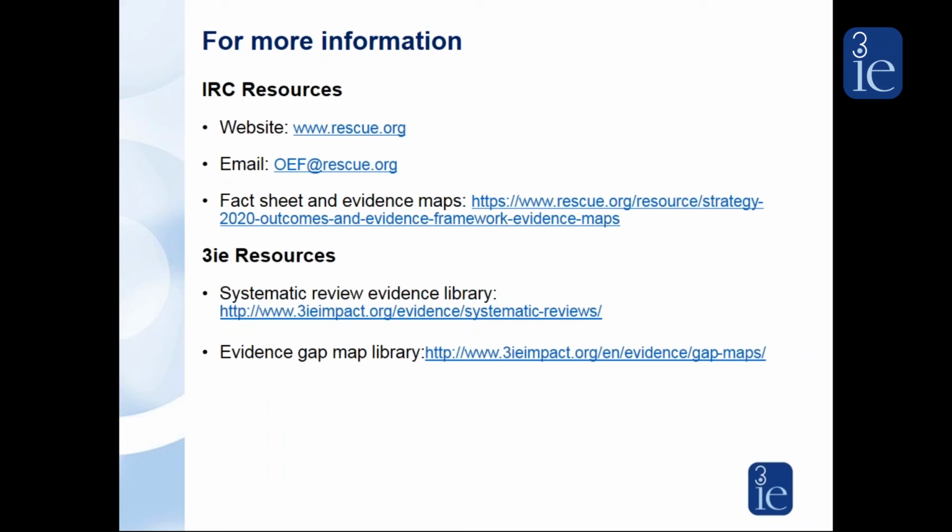And for IRC, we've been portraying the evidence maps internally as a resource for quickly finding and interpreting research evidence, which makes the examples of use very diverse, because in a way it can be used for any process that benefits from the use of evidence.